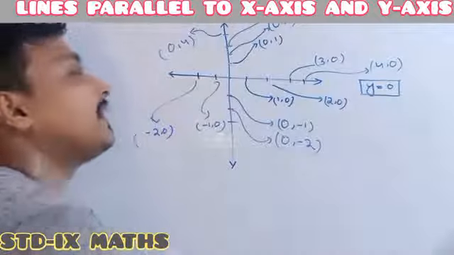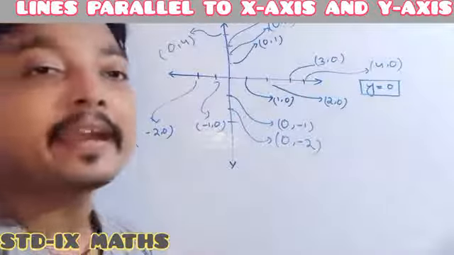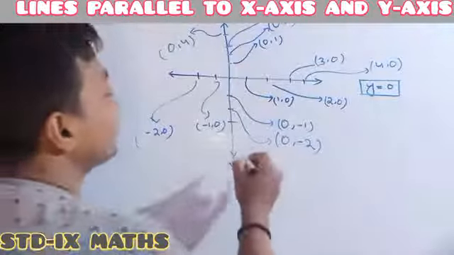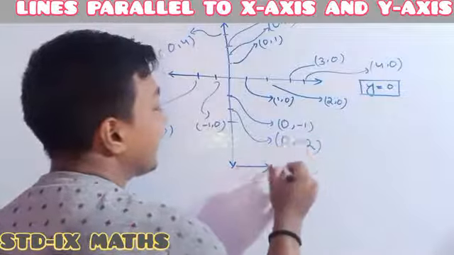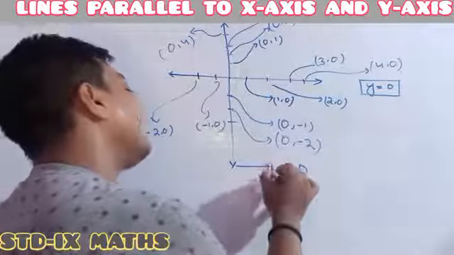So one thing is common for every point on the y-axis: their x coordinate is 0.